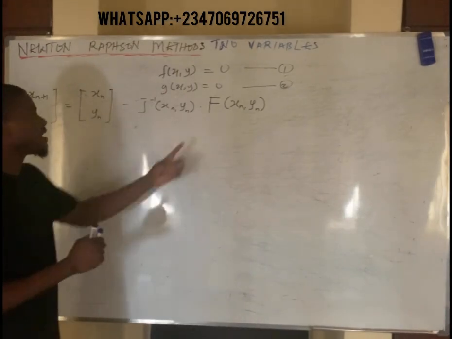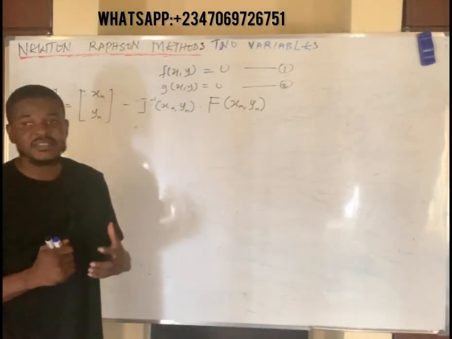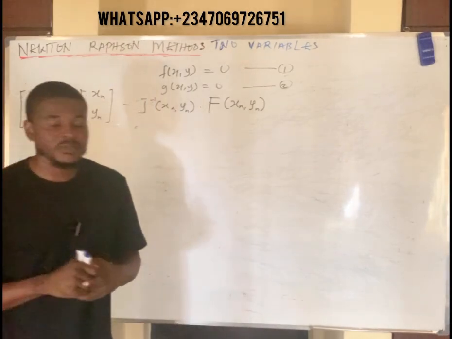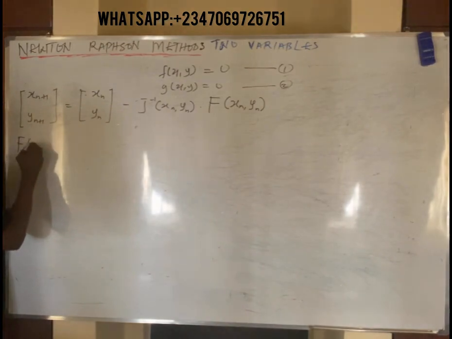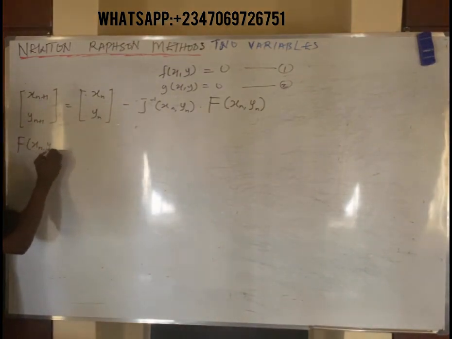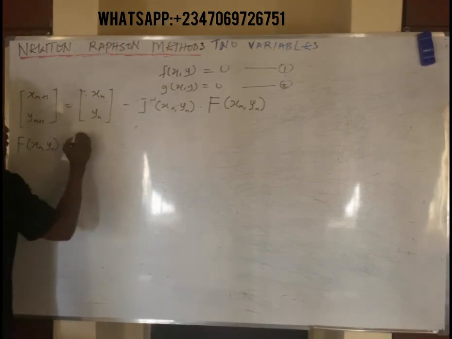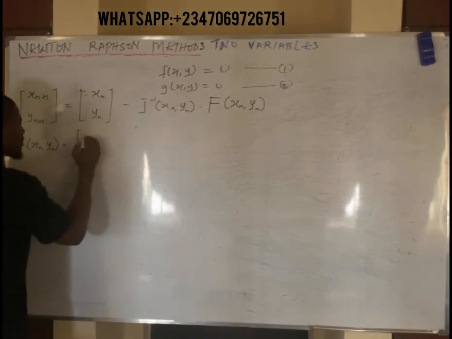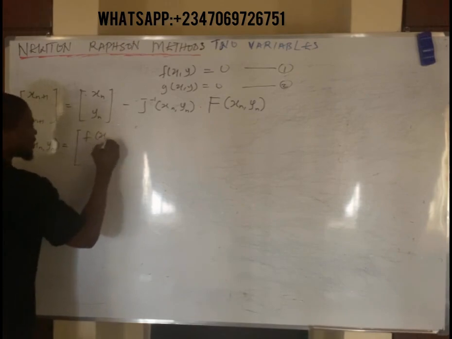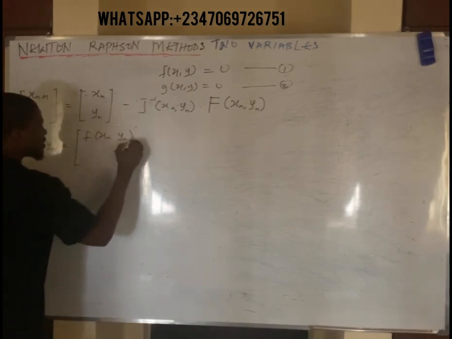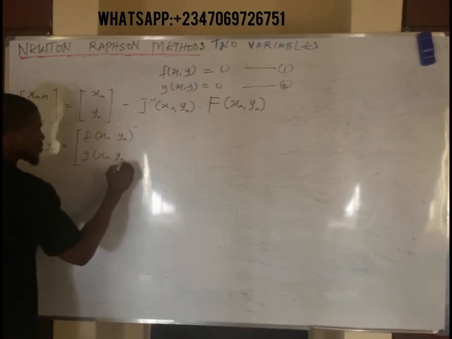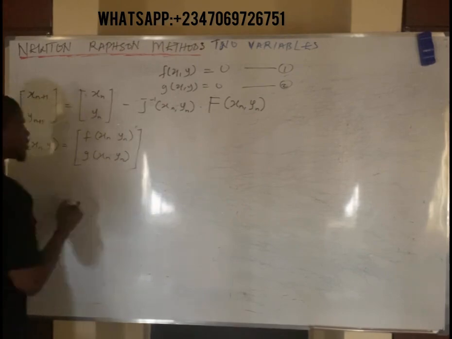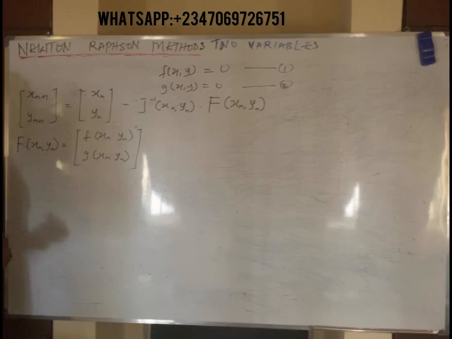Now, where f of xn yn simply means the matrix of the given function. Mathematically, f of xn yn is equal to the matrix of f of xn yn and g of xn yn. So this gives us the matrix of the function at an initial guess.